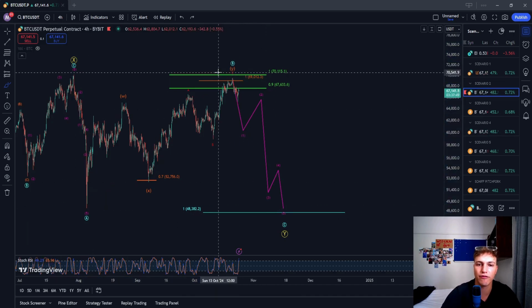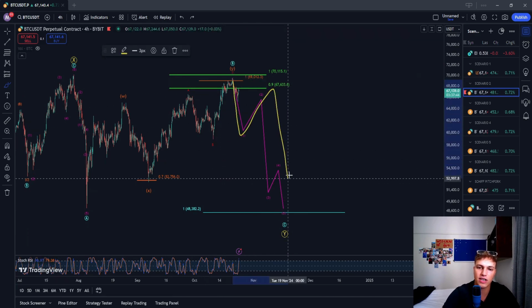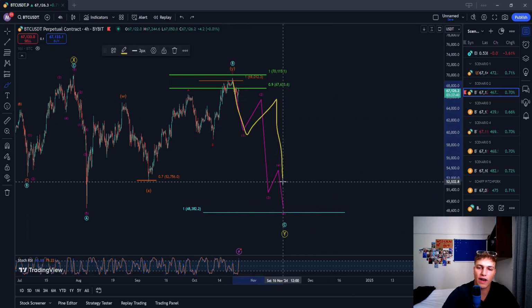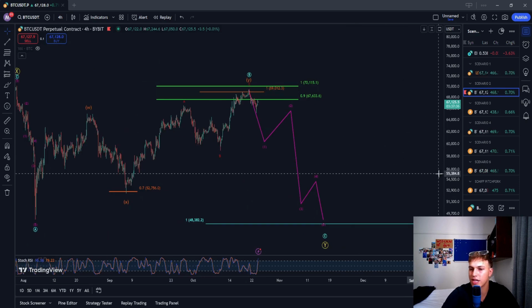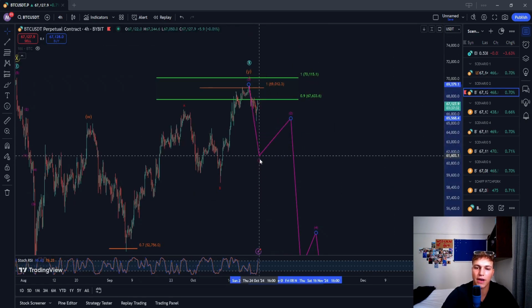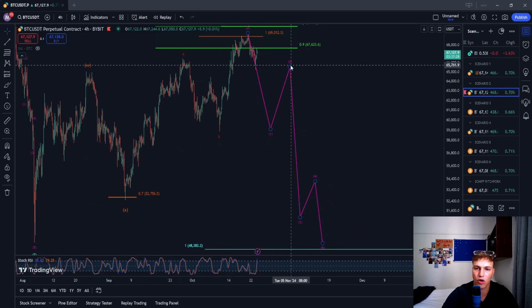This C wave should indeed either be a diagonal to the downside, or it should be a 5-wave impulse as marked on the chart. It is possible that this wave 1 here has now indeed finished, but I would like to see wave 1 extend quite a bit before we get that larger move.